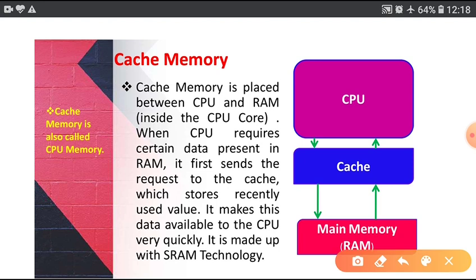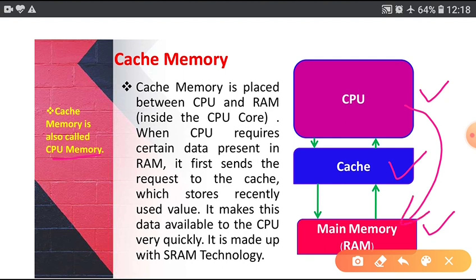Now cache memory. What is cache memory? Cache memory is also called CPU memory. You can see this diagram: this is the CPU and this is the main memory RAM, and between the CPU and main memory there is a high speed memory that is called cache memory.